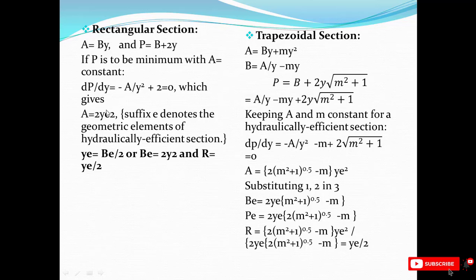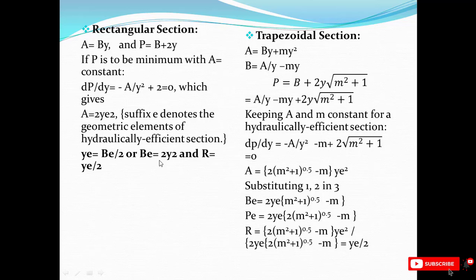Find A: A is equal to 2 y_e squared. The suffix e denotes the geometric elements of the hydraulically efficient section, meaning efficient y. We have A, so putting A here, we can find B, which is equal to 2y. So for a rectangular channel, when B is equal to 2 times y, it is hydraulically efficient.